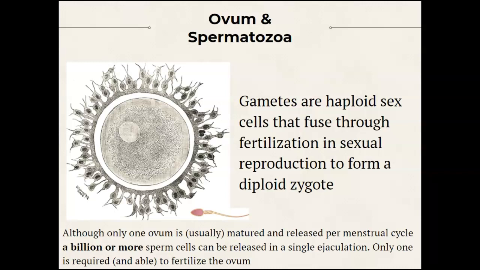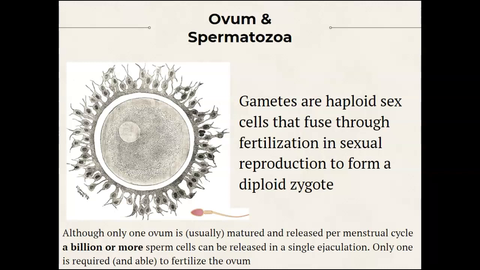Although only one ovum is matured and released per menstrual cycle, a billion or more, a billion with a B, that's so many, sperm cells can be released in a single ejaculation. But only one sperm is required and realistically able to fertilize that egg cell.